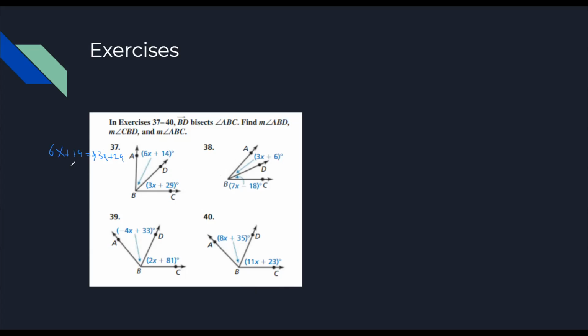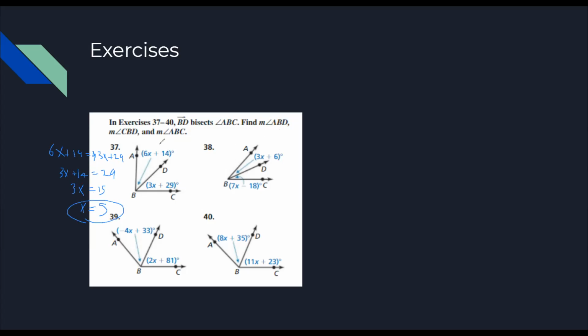If you subtract 3x on both sides, you get 3x plus 14 is equal to 29. And if you subtract 14 on both sides, you get 3x is equal to 15. And if you divide by 3 on both sides, you get x equals 5.